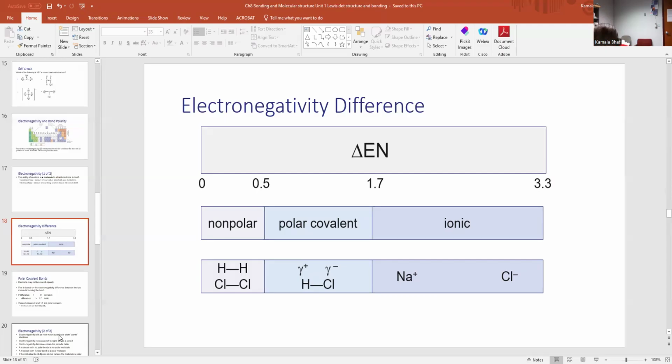So usually the anions are the non-metallic atoms that attract electrons towards themselves.